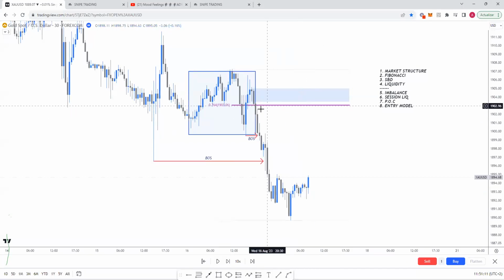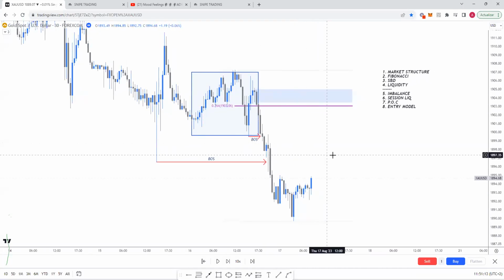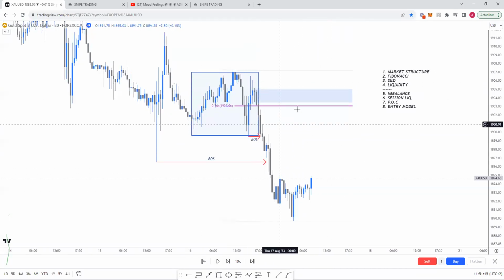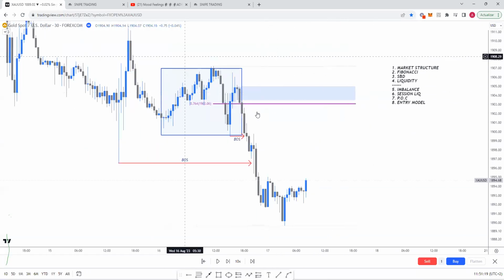So this is our supply and demand zone, in this case a supply zone because we're looking for sells within our premium area, within our fib area.